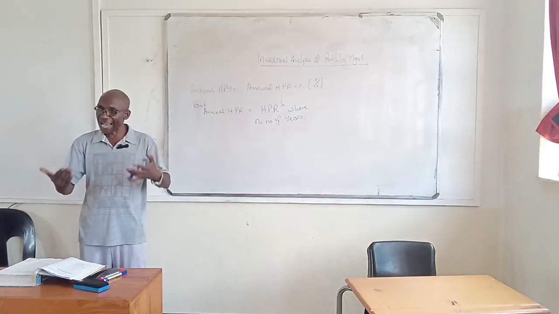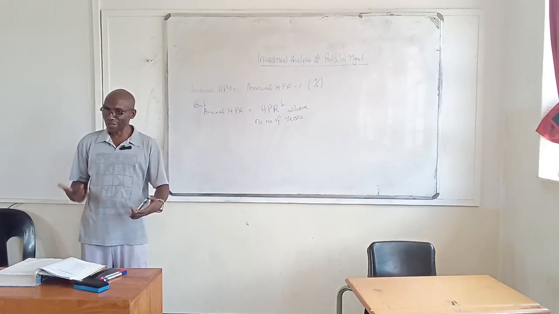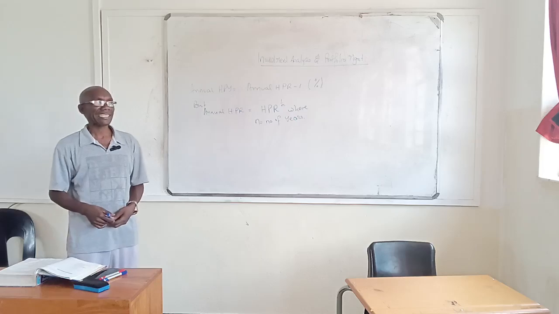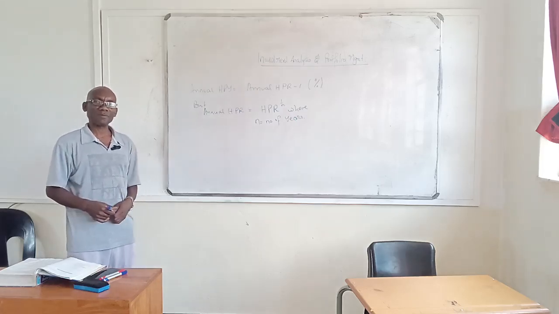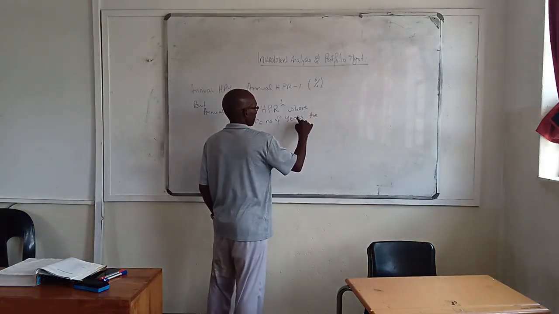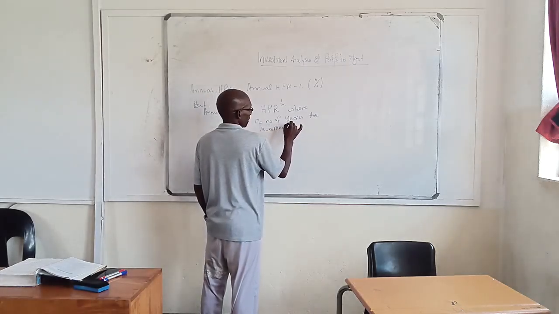Annual HPR is equal to HPR to the power 1 over n, where n is the number of years the investment is held.